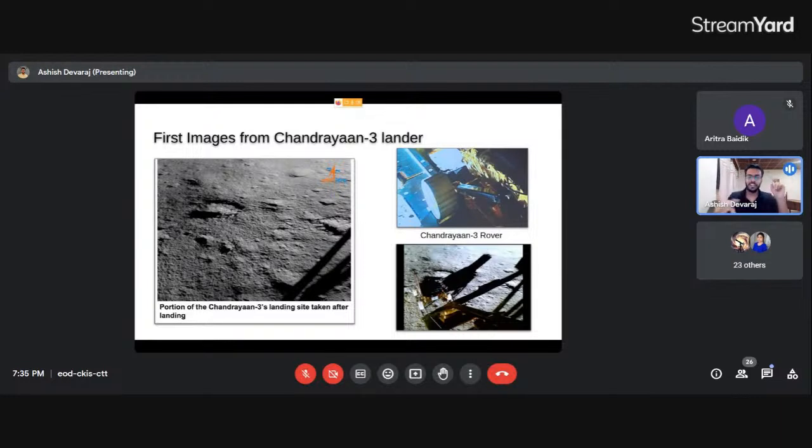Coming back to the slide, on the right side you see the Chandrayaan 3 rover, which has come out and is traversing on the lunar south pole. You might have all seen these images.